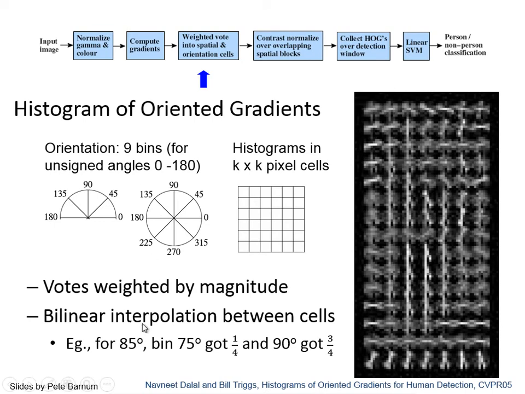And they use bilinear interpolation in the sense that if your result is 85 degrees, then you split the weight: one quarter to the 75 degree bin, and then three quarters to the 90 degree bin. Does it make sense? It's just linear, linearly. Because 85 is closest to 90, right? So therefore it's closer.